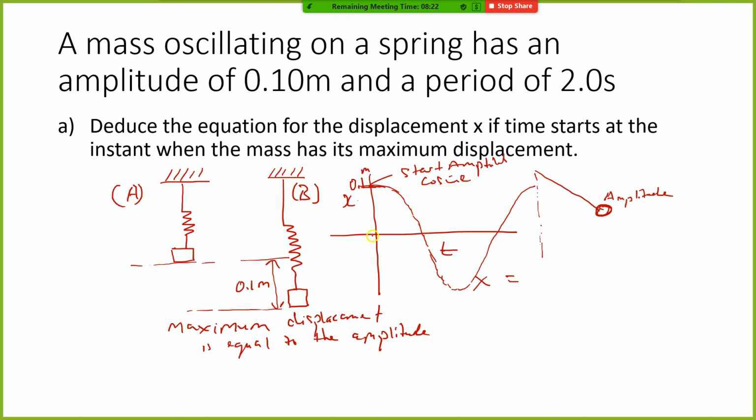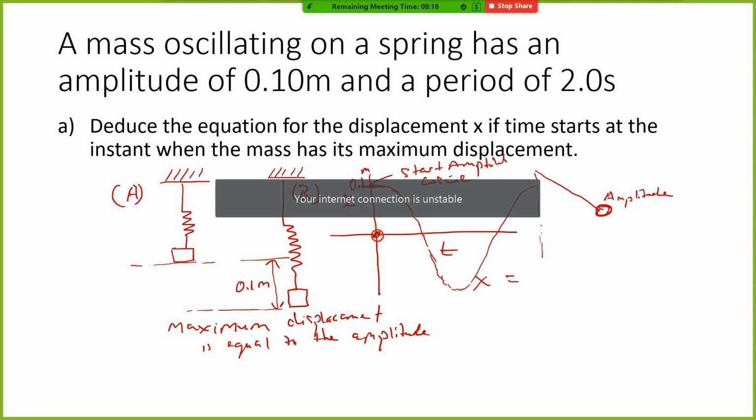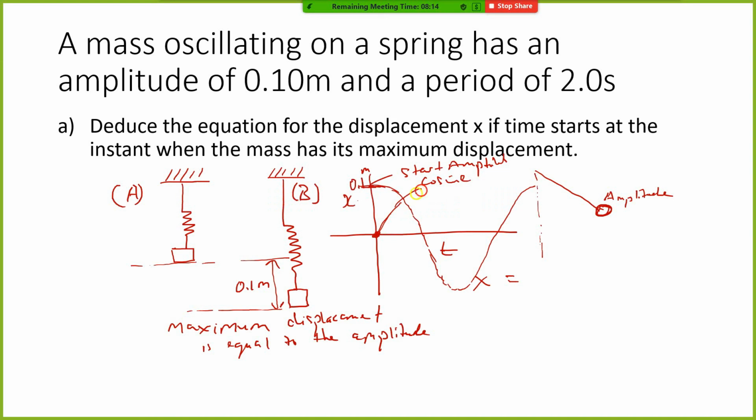Whenever you start at the equilibrium position, that graph is a sine graph, and it's going to involve a sine equation.